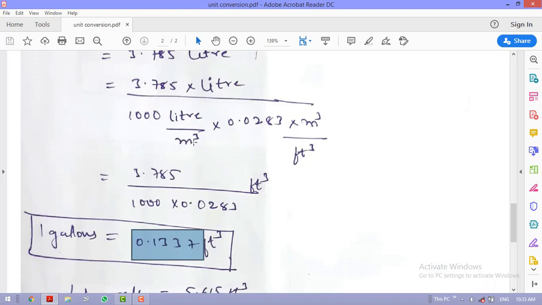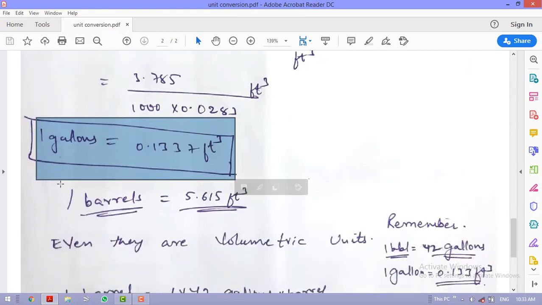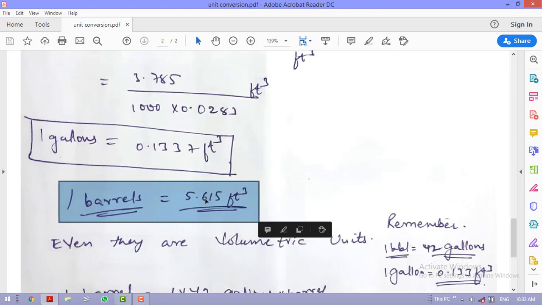This meter cube and this meter cube will get cancelled, and finally we'll get the feet cube. So here I have shown you that 1 gallon is equal to 0.1337 feet cube. And the next one is 1 barrel is equal to 5.615 feet cube.